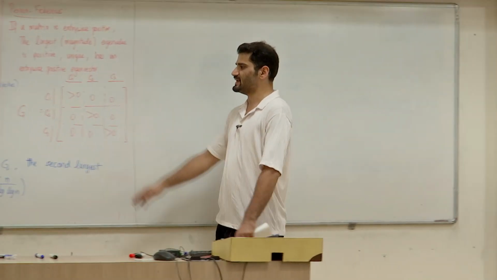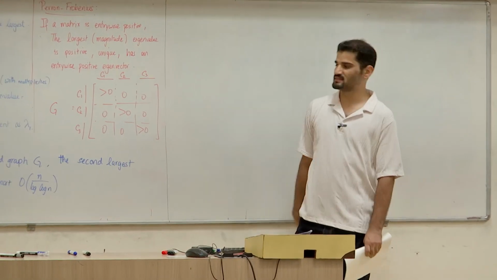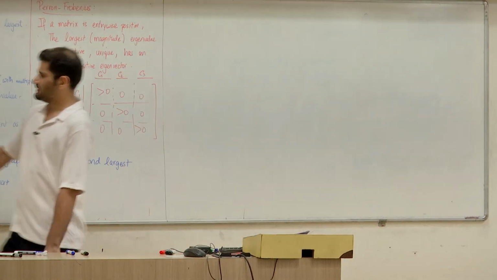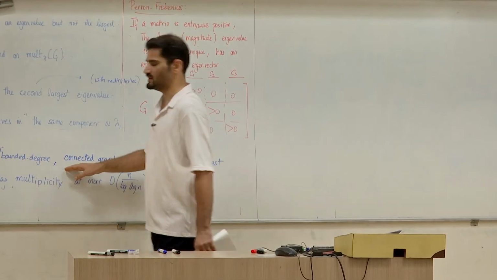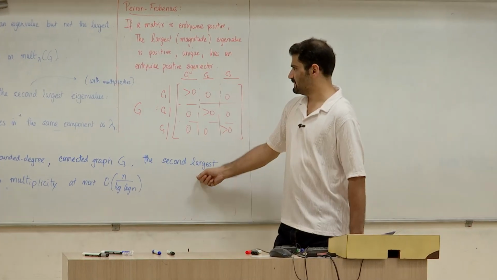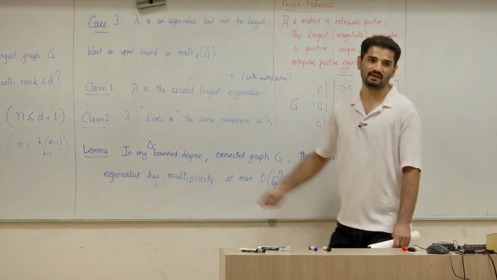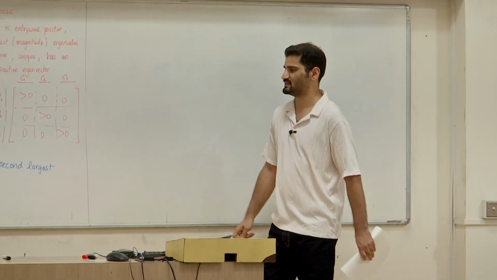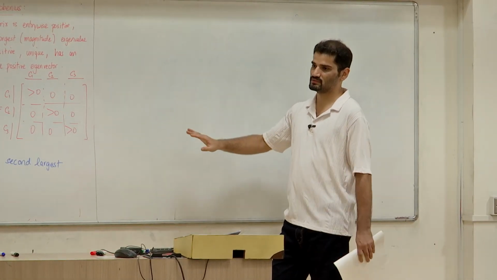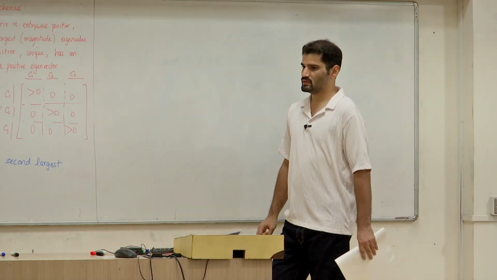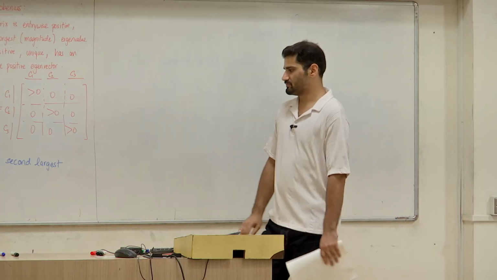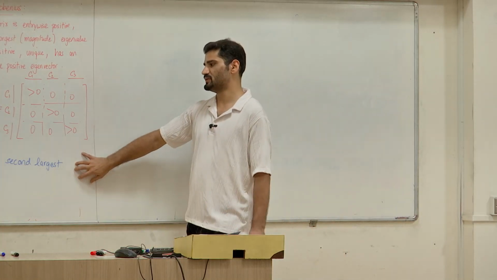Just like I proved connectedness, you can prove the bounded degreeness. And then what I have is a graph G that is both connected and bounded degree, and this gives me exactly the bound I want. It says that the second largest eigenvalue has multiplicity at most n over log n. This is the lemma I will use.